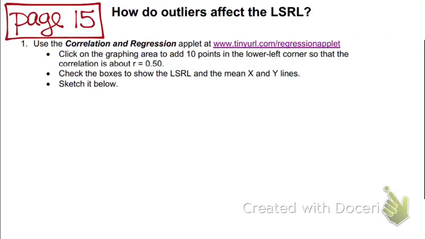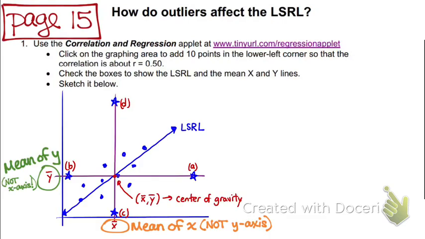All right. So I've got my sketch here. Keep in mind, this guy right here, again, was not our y-axis. That was the mean of y, or the average of all the y parts of my ordered pairs. That's what that horizontal line was representing. The vertical line is representing the mean of x, or the average of all the x parts of the ordered pairs.